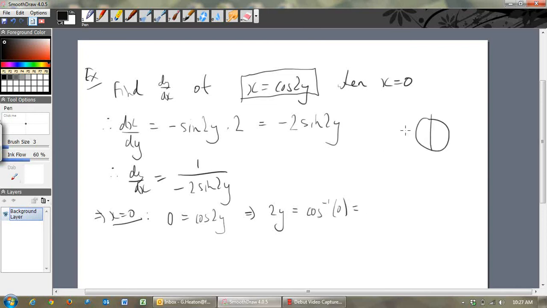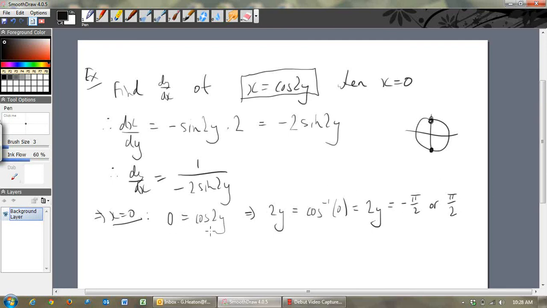Where is cos equal to 0? Cos is equal to 0 up here and down here. So 2y is equal to negative pi on 2 or pi on 2. So we've got two values of y here.